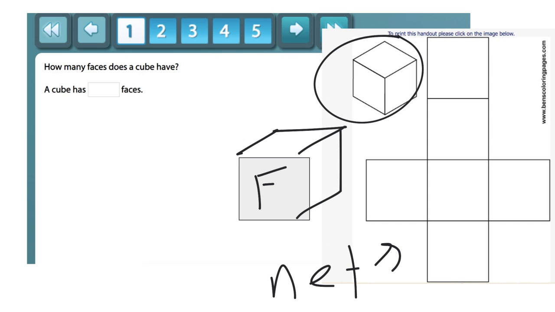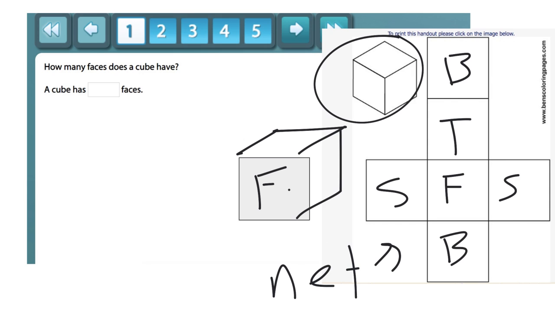And a net shape is basically when you unfold a cube. So this would be the front, this would be the top, this would be the side, and the back, and the bottom. So if you can see, you unfold a cube, all sides are the same, ends up with 6 faces.